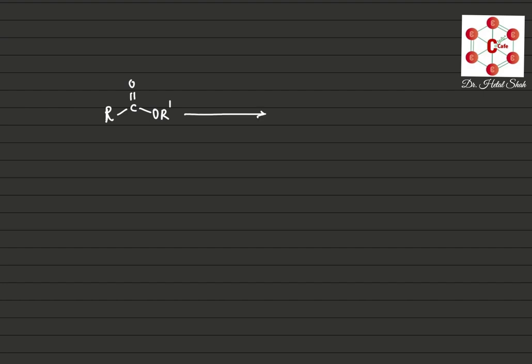When you reduce it, generally it splits up into two parts. The first part becomes RCH2OH, that's an alcohol. And the second part would become R-OH, which is another alcohol. So overall, you have two alcohols formed, right? One from the alkoxy group and one from the carbonyl, right? So now, how you do this is very important.